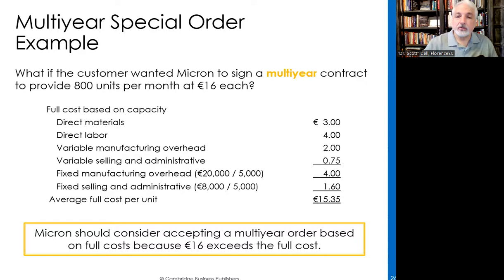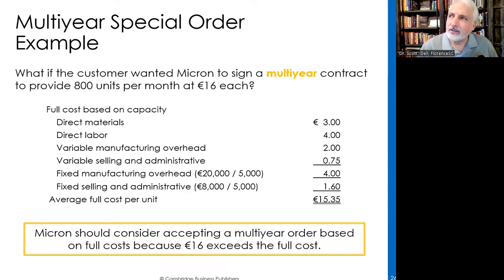So a multi-year order example. We still have our materials, labor, overhead, and then we have fixed costs. You say, wait a minute, if our fixed costs are 20,000 euros at 5,000 and fixed selling admin 8,000 at 5,000, it's going to add 4 and 160, 1535 is the average full cost per unit, factoring in fixed costs.